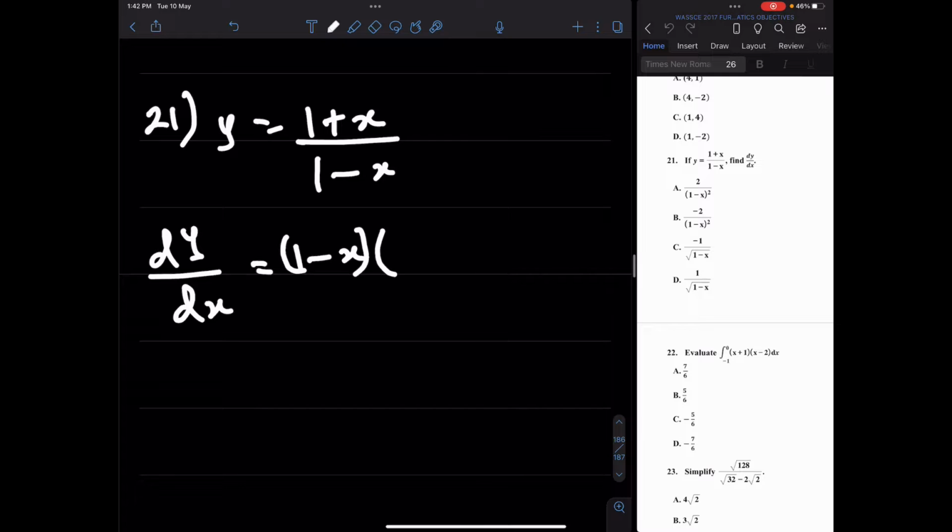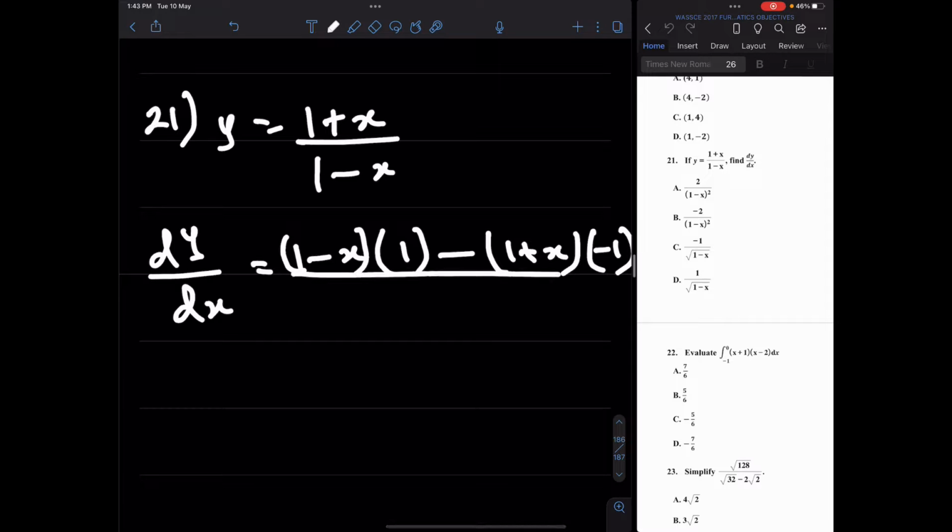The derivative of the top, 1 plus x, is 1. Minus, put down the top, which is 1 plus x, and differentiate the bottom. The derivative of the bottom is minus 1, all over the bottom squared, that's the square of 1 minus x.